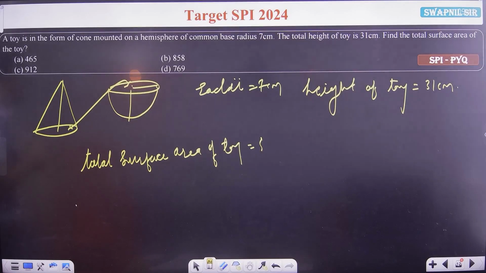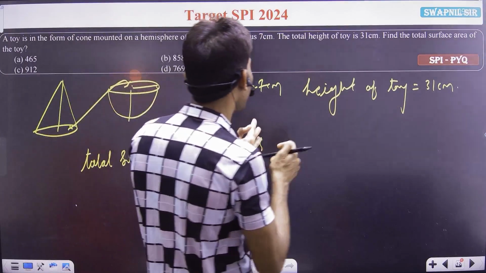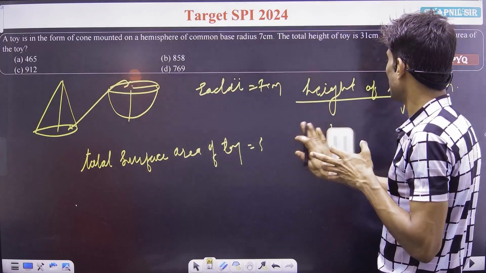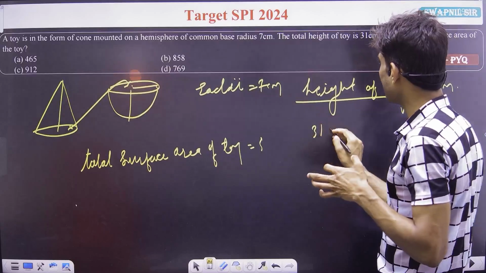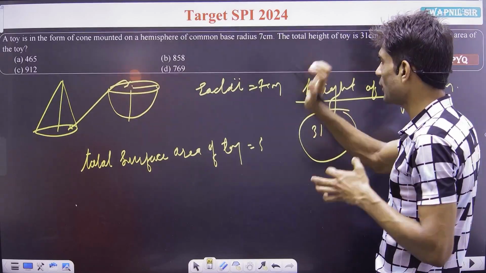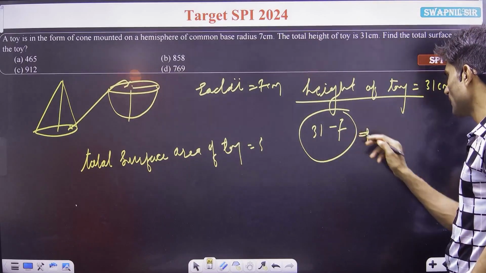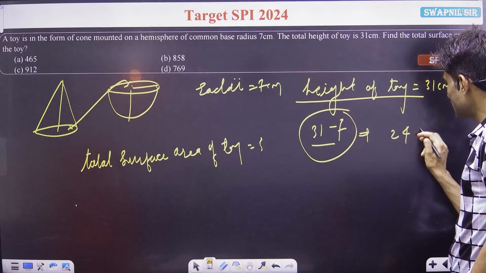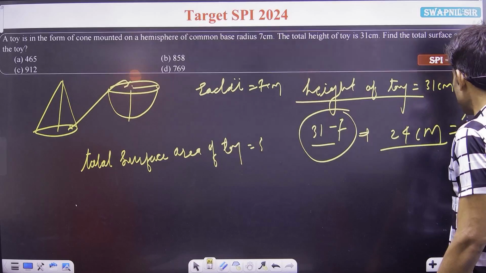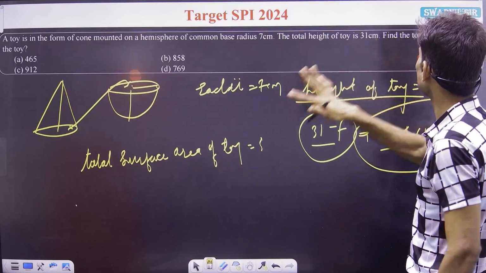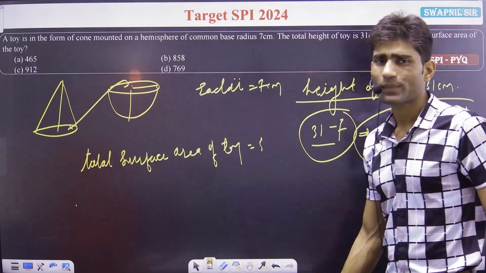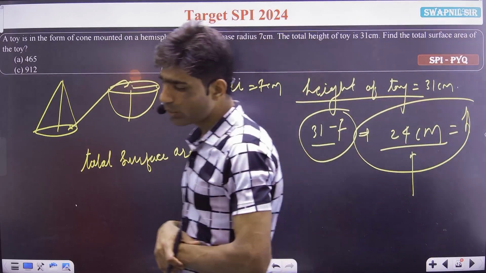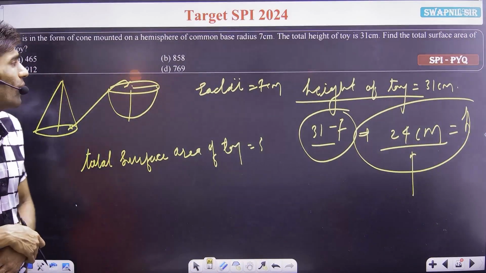The height of the toy we have here is 31 centimeter. If we subtract 7 from 31, we get the actual height of our cone. So 31 minus 7, we write it as 24 centimeter, which is the actual height for our given toy. Now we have the height, we have the radius.